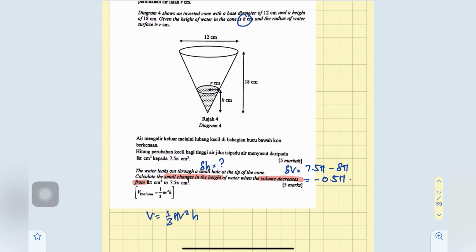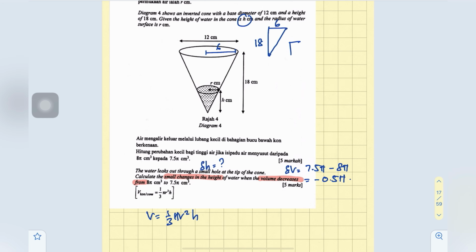Okay, so sekarang cuba kita tengok kat sini. Okay, from the diagram given. Okay, this one radius is 6 lah. Jadi you all dah belajar masa lower form ratio, rates and proportional tu. Okay, you all dapat lah dia punya hubungan kan. Okay, so kalau macam ni, this one 6, tinggi dia 18.